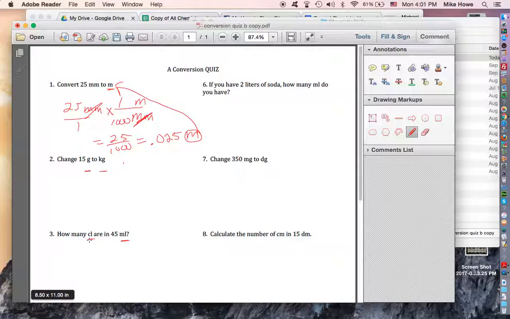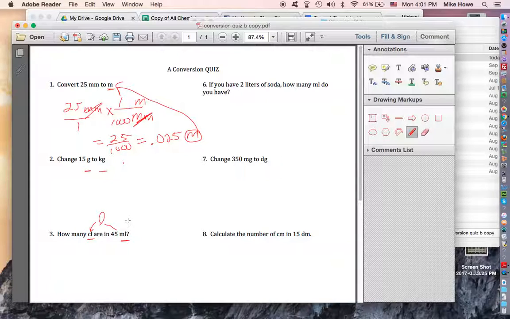In number 3 there is no plain liter, so you know that it's going to be a two-step problem. You're going to take the number you're given, go to liters, and then go from liters to centiliters. So you make it a two-step process, like that.